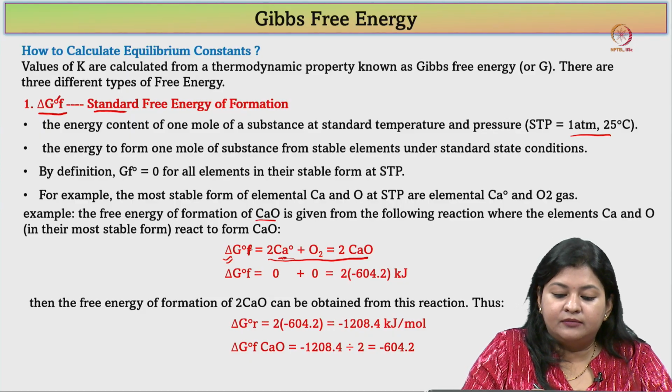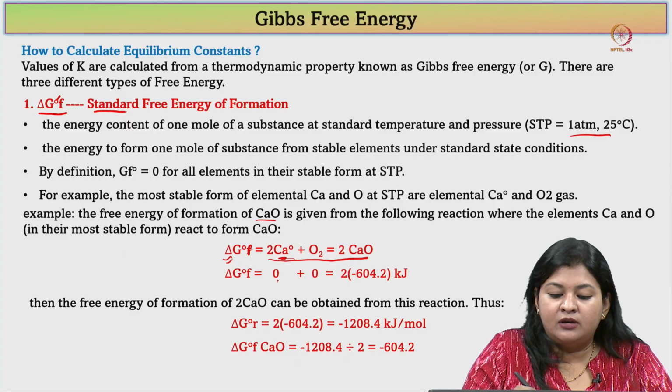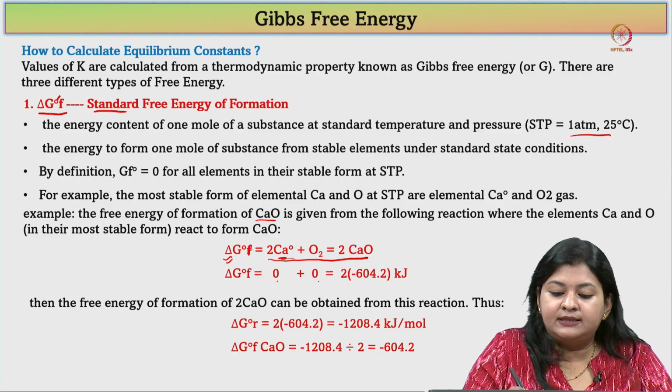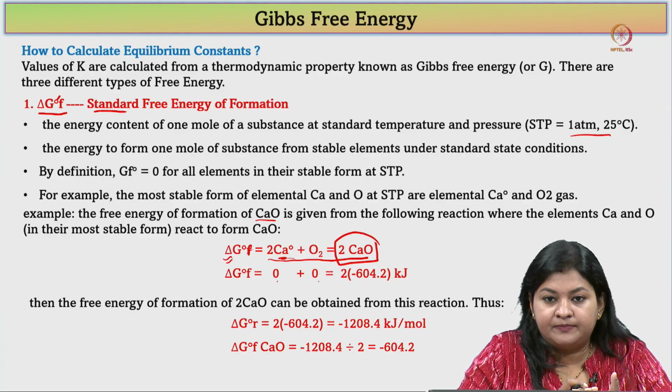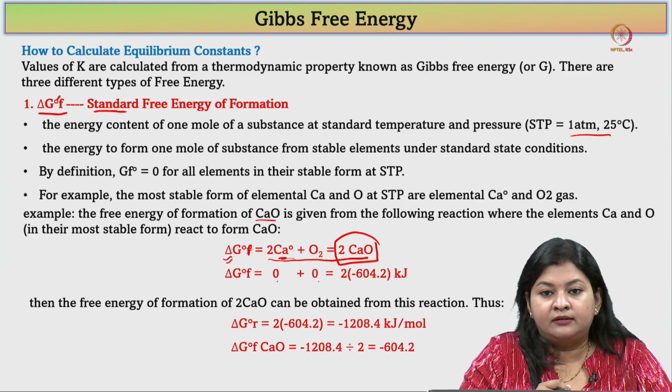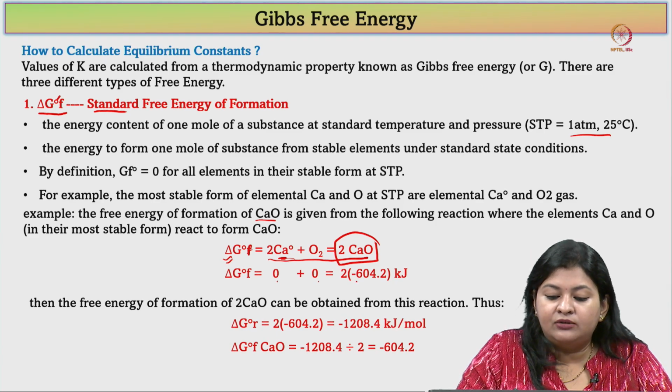Again, as I said, for elements their value is equal to 0. So, 0 plus 0, and this is measured. Whenever a reaction is happening, you can measure the energy changes. You can measure the amount of heat that is released, the heat that is taken up. So, that we are going to measure. So, that value you have.